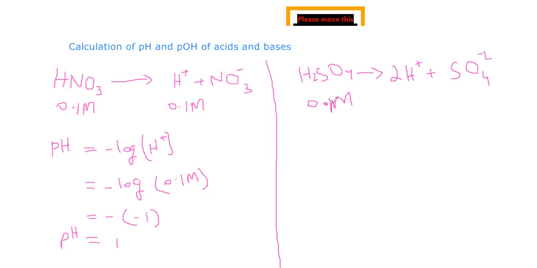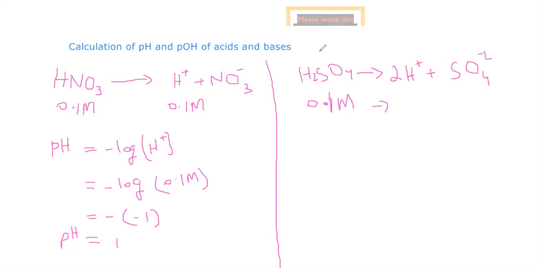Now, what would be the concentration of the hydrogen ions if this sulfuric acid completely dissociates into hydrogen ions and sulfate ions?